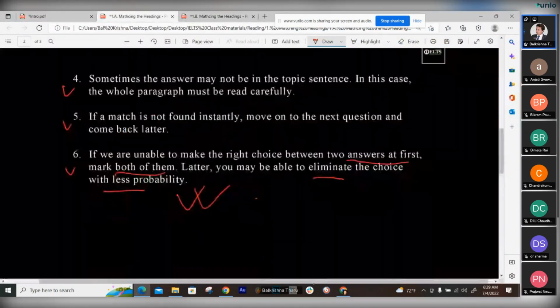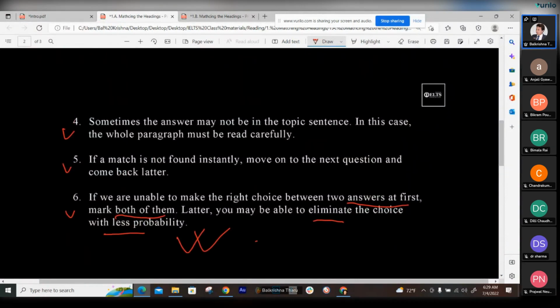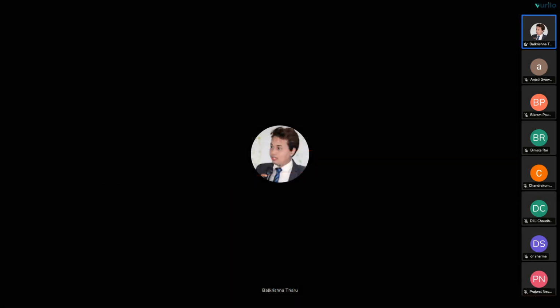Okay, so this is how we do the IELTS reading matching paragraph headings. Now let's actually do this. Let's practice together. Just hold on.